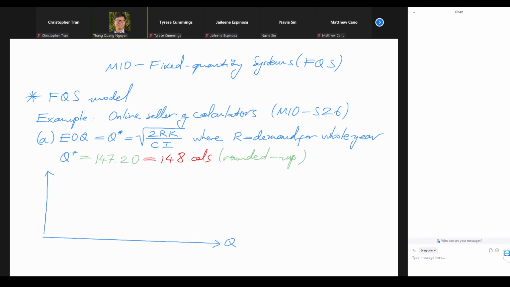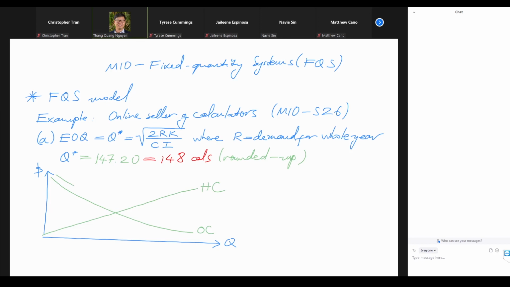And on the vertical axis, we measure the cost in dollars. The first curve here is ordering cost, the OC, how much it costs to order in a year, and how much it costs to hold on to the inventory in the year, right?